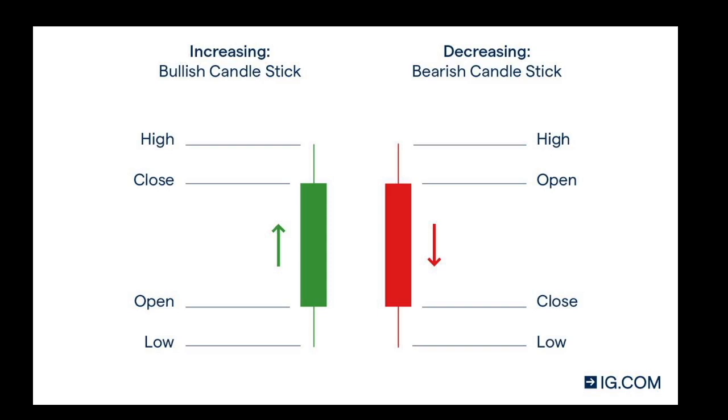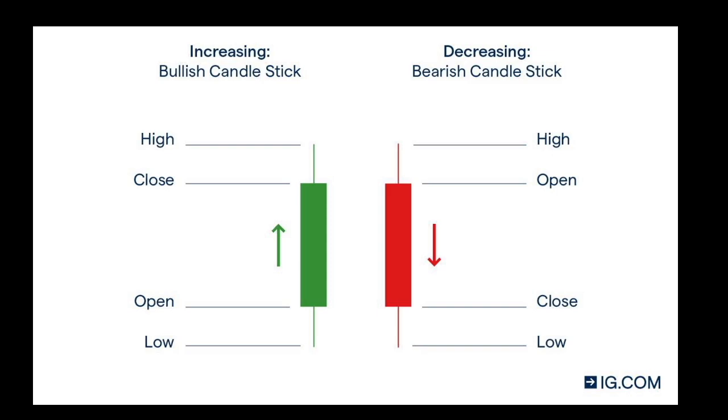This forms when the price opens at a certain price, say $20, and then closes at a higher price, we'll say $20.50. Obviously, that is exaggerated, and just as an example, this candle, going from $20 to $20.50, represents a price increase. The default color is going to be green for bullish.